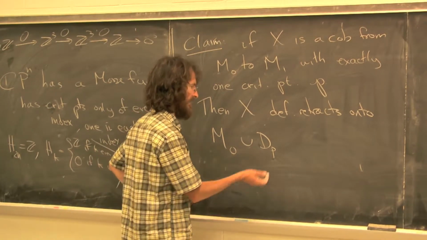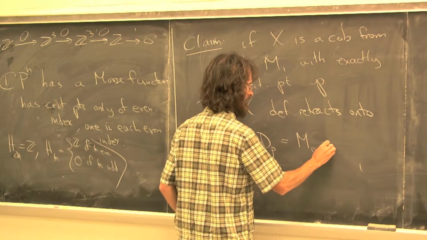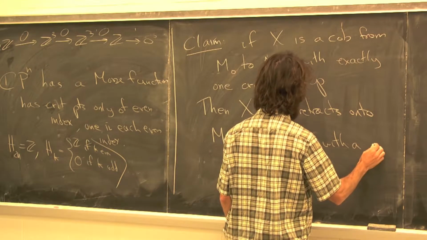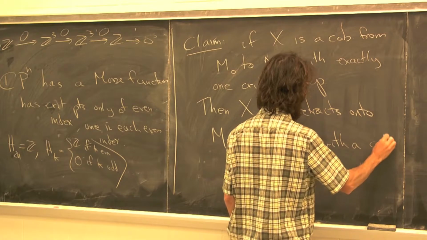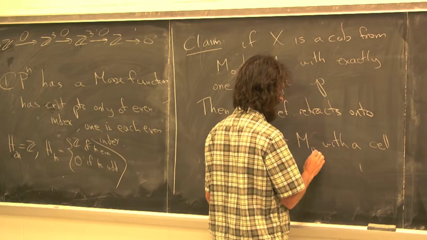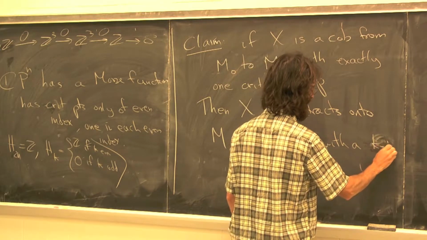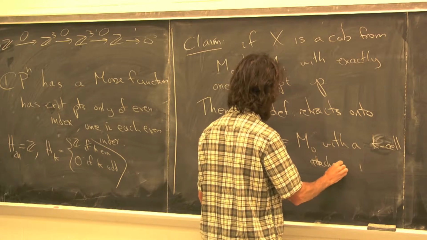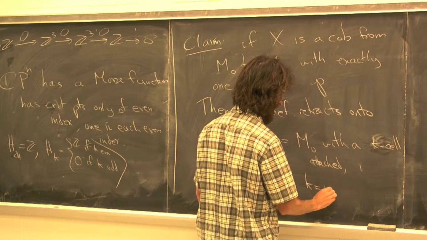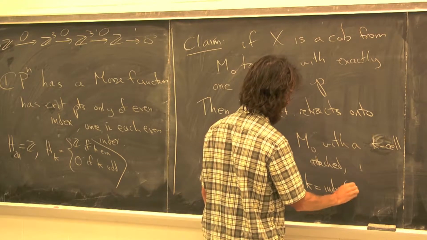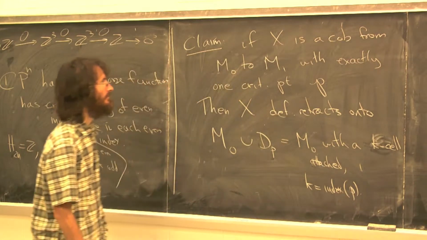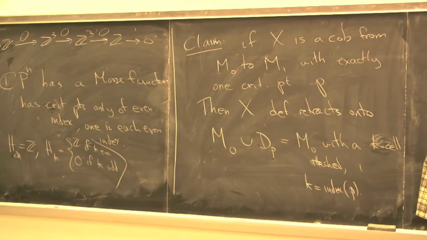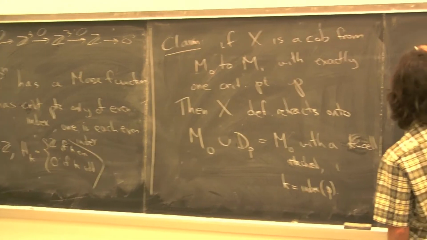So this equals M_0 with a cell attached, a k-cell attached. A k-cell just means a k-dimensional disk attached. Well, it's not really that hard to see. First, just the picture, right?